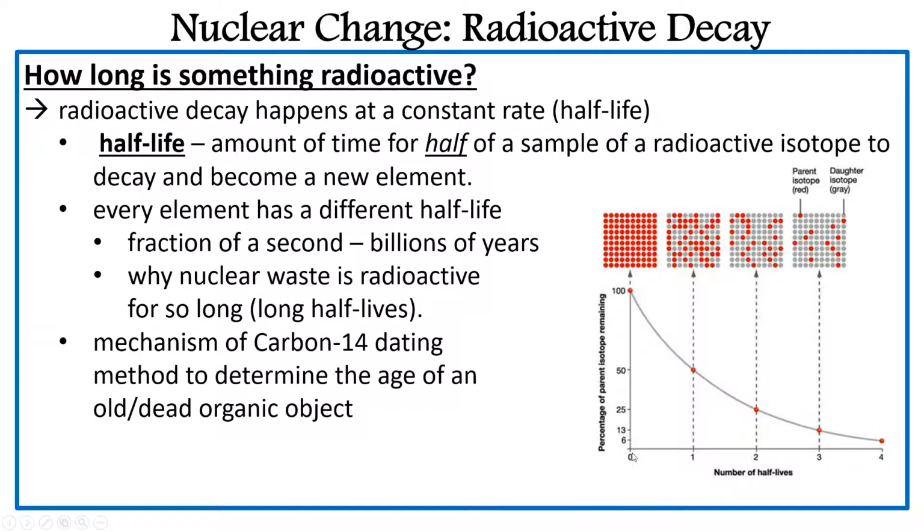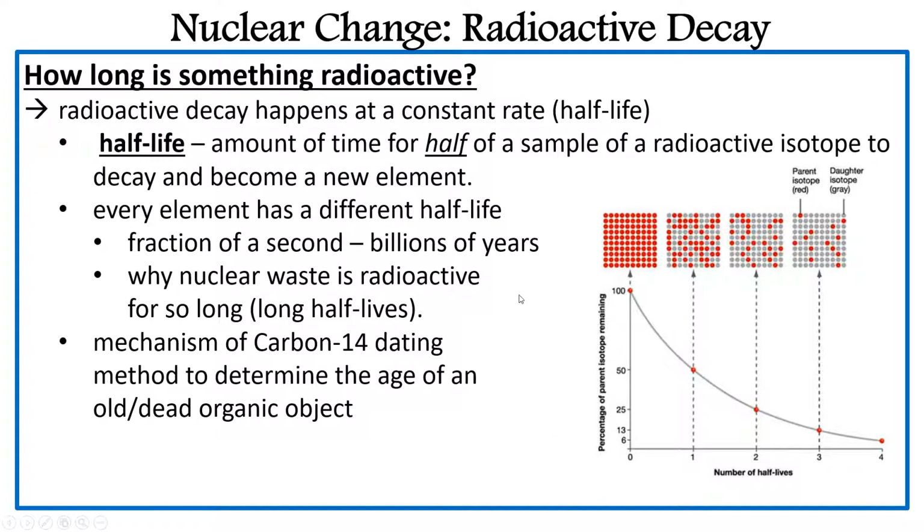Here, this would be 1 half-life, if you have number of half-lives on your x-axis and percentage remaining on your y-axis. Once one half-life has gone by, you now have 50% of the isotope remaining. The other 50% has turned into another element based off of whatever type of radioactive decay it's going through. After 2 half-lives, you then have half of your half, and so on.